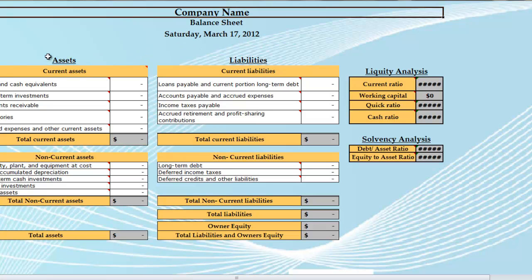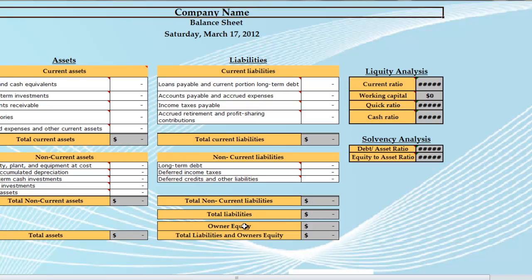Then you'll see you have your assets columns, your current assets, non-current assets, and your total assets. You come over and have your liabilities, which is your current liabilities, and then you have your long-term liabilities, or non-current liabilities, and those will be totaled up.